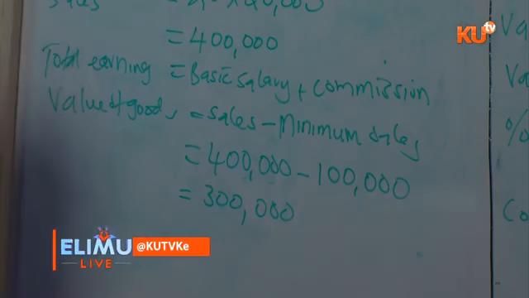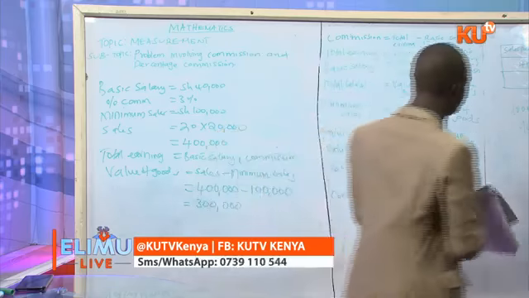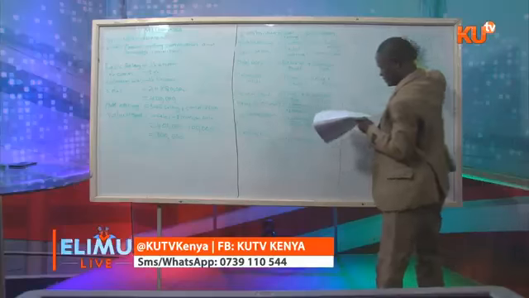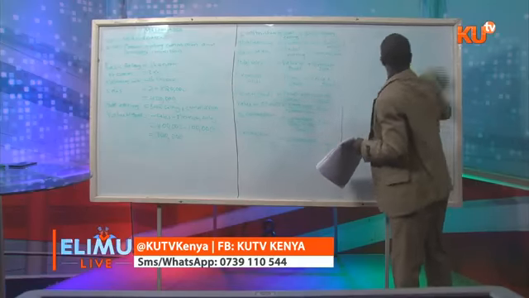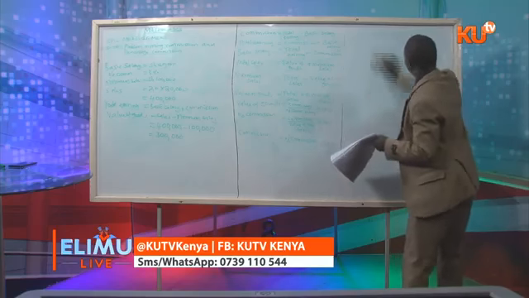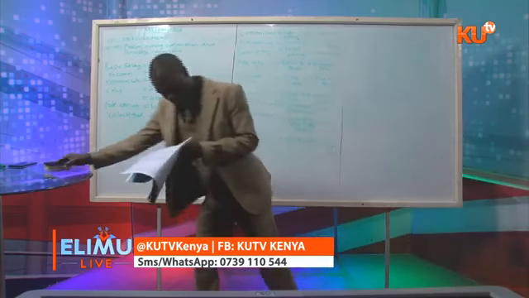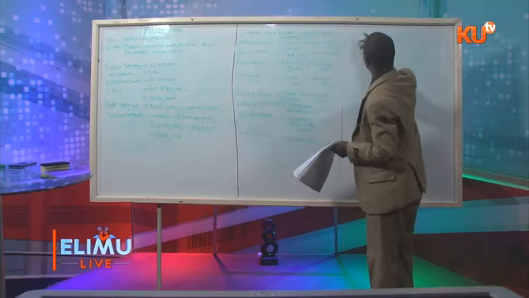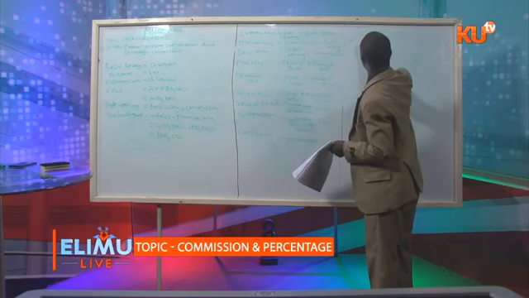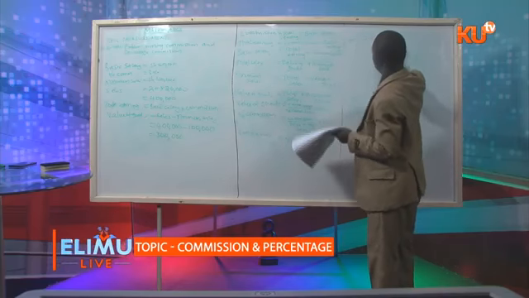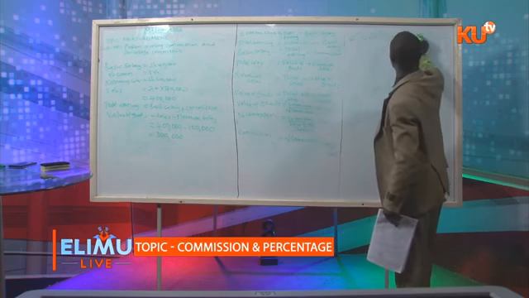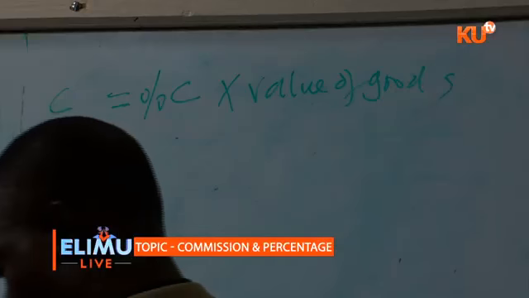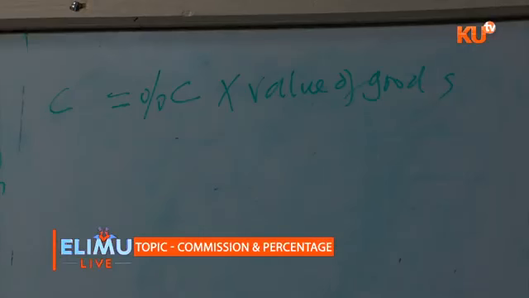So commission is equal to percentage commission times the value of goods.